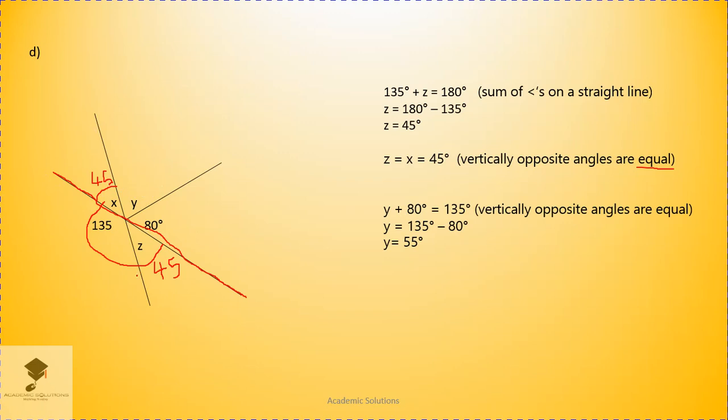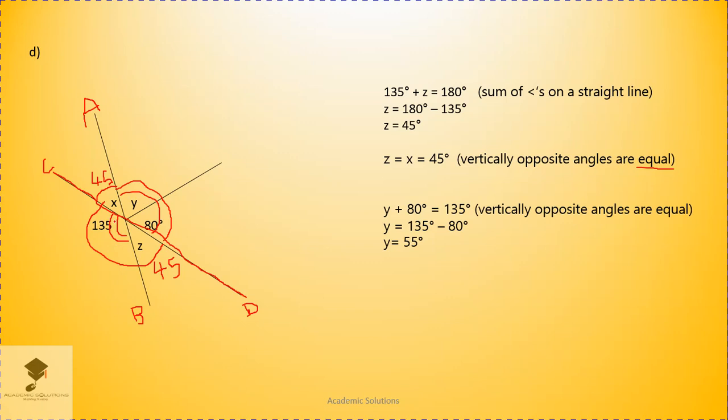If you look at this line here, let's name this line A, and then let's call this line B. If you look at line AB and line CD, if you look at line CD on this side, this here is equal to that there. So y plus 80 is equal to 135.